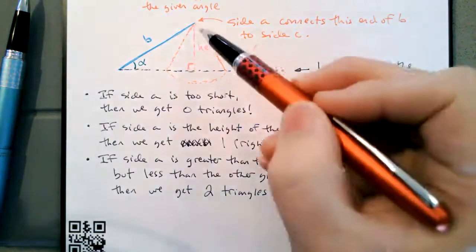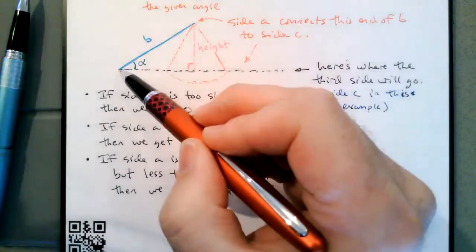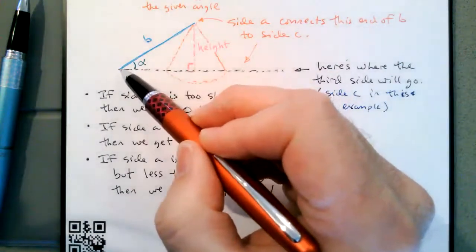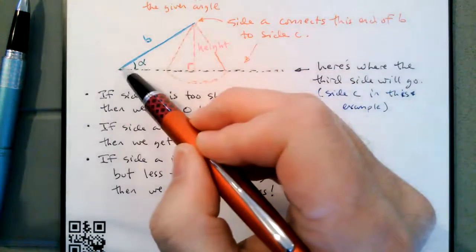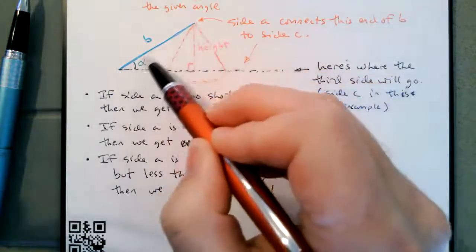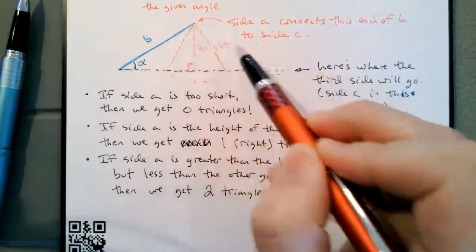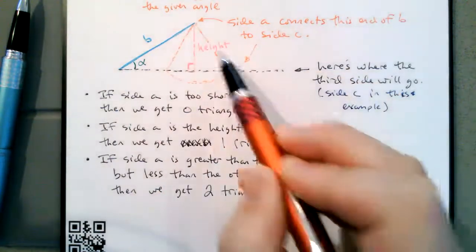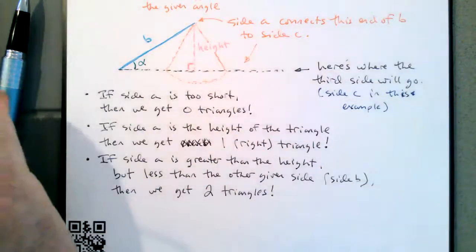Now, we only get these two triangles until A gets to the same length as B, in which case we stop getting this triangle on this side, because if the side opposite the given angle is equal to the other given side, then this triangle drops out. But we can always just make C longer, no matter how big A is.